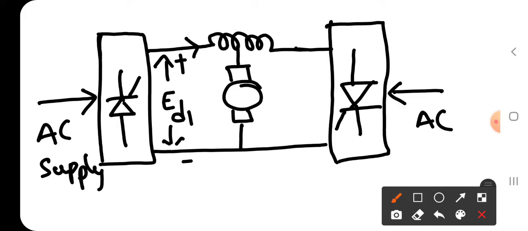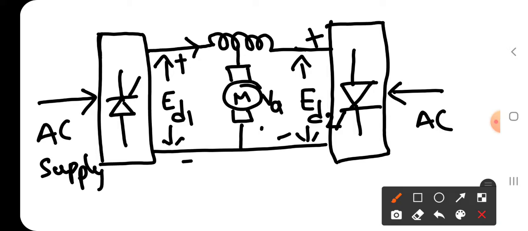Let me assume the output of the second converter is ED2, with its terminals like this. The motor terminal voltage is VA, and the field is excited separately. This is how I changed the circuit diagram.